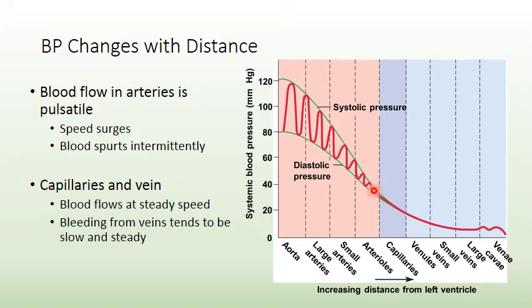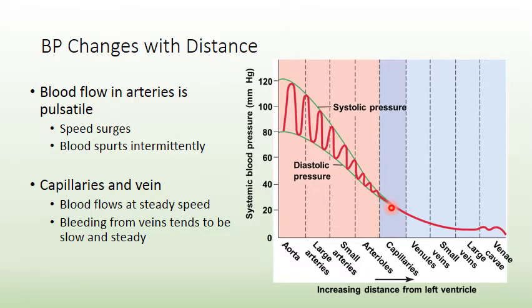By the time we enter the capillaries, we've reduced blood pressure quite substantially, down into the 20 to 30 millimeters of mercury range, and we see no difference between when the heart is contracting or relaxing. So now we have a steady flow of blood as opposed to a pulsating or surging flow of blood.